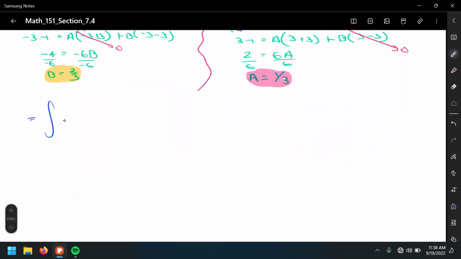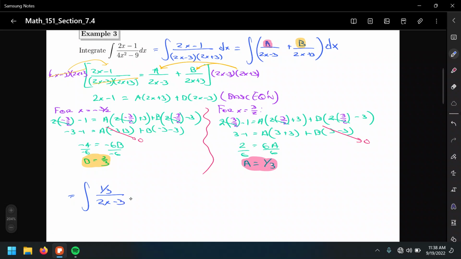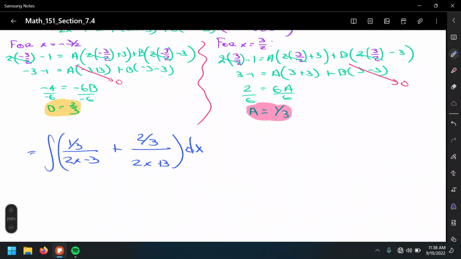This is going to be the integral of a, which is 1/3, over 2x minus 3, plus b, which is 2/3, over 2x plus 3, with respect to x. Well, from here, let's just write it as 2 separate integrals. I'm going to write it as 1/3 integral dx over 2x minus 3, plus 2/3 integral of dx over 2x plus 3.